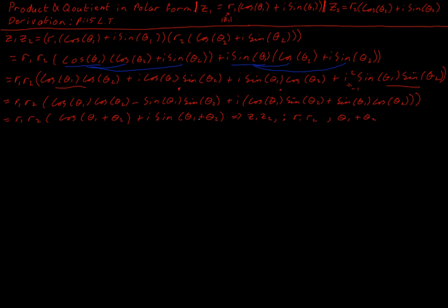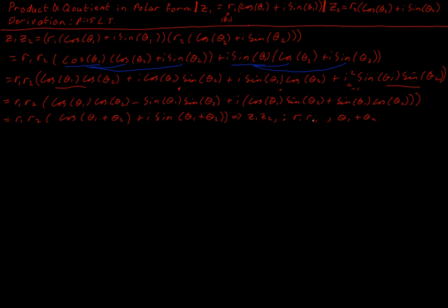So when I've done that substitution, what can I see? I can see that when I have my two complex numbers in polar form, when I multiply them together, I end up multiplying the moduli, multiplying the radii from the origin, and I end up adding the arguments. I end up adding the angles, theta 1 and theta 2.